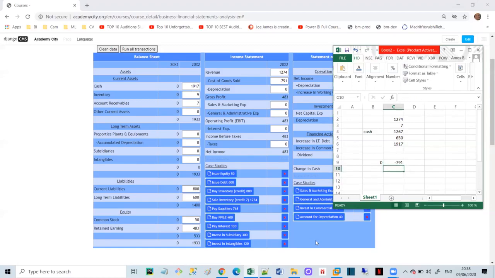And how do we define working capital? Let's see what the difference is. I take this one minus this amount. Plus that one minus that one.